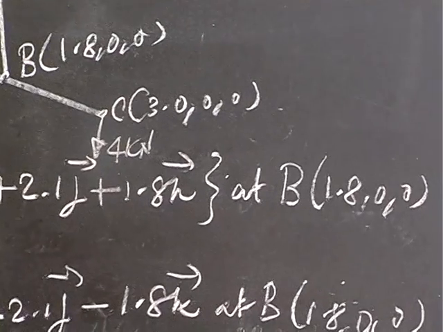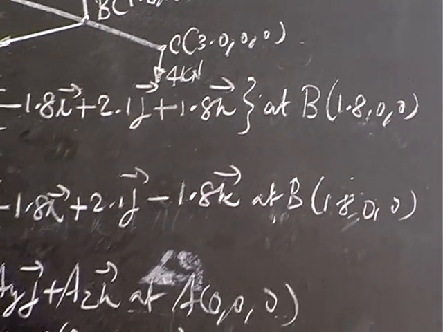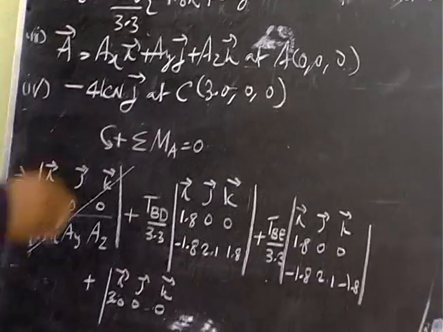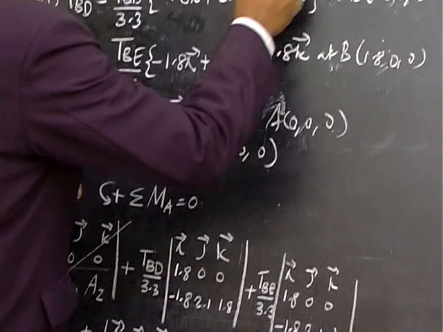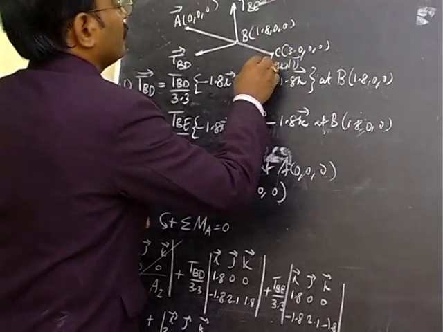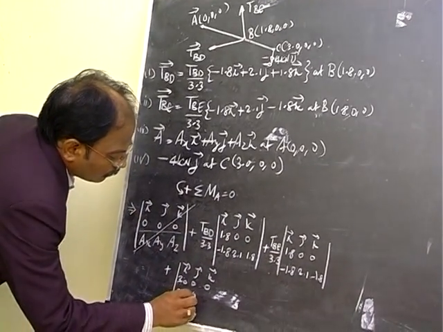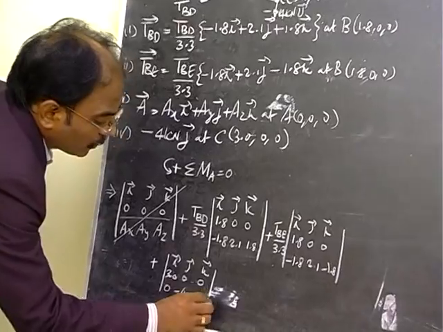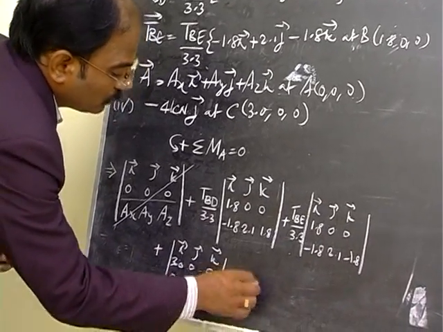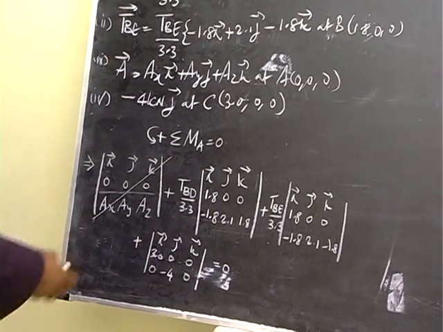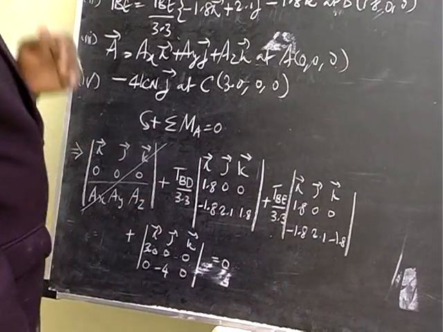So it is 3, 0 and 0. The force component is 4 kilonewton minus j, therefore we have 0, minus 4 and 0. The whole thing is equal to 0. See, we expand this cross product.